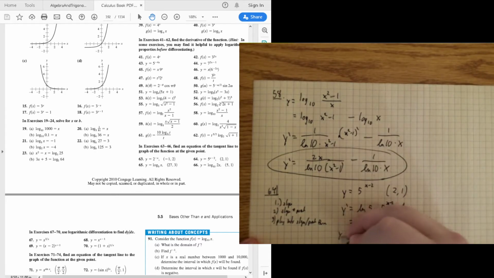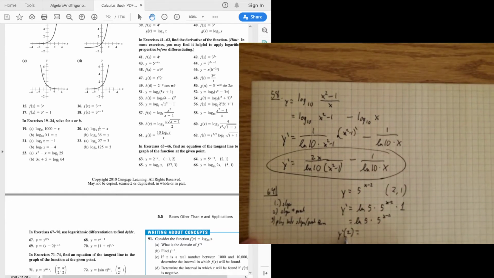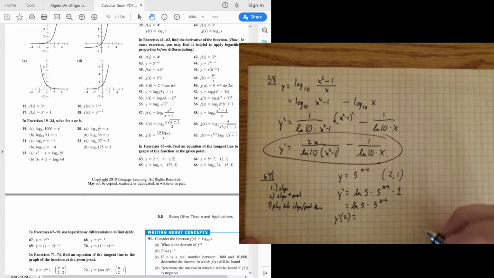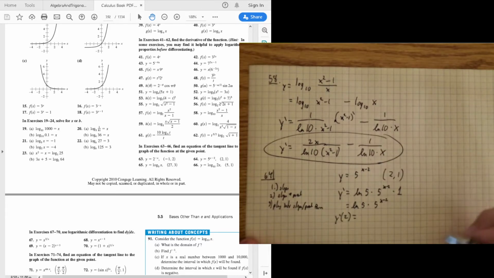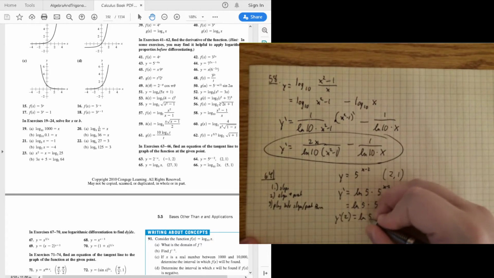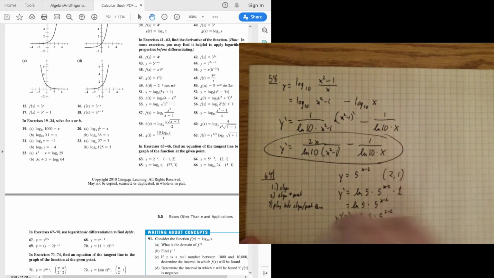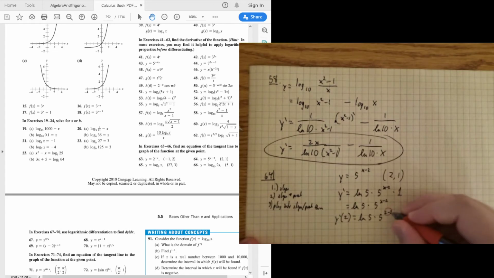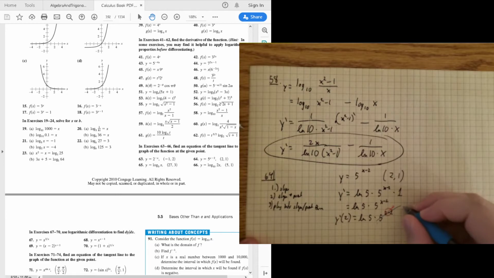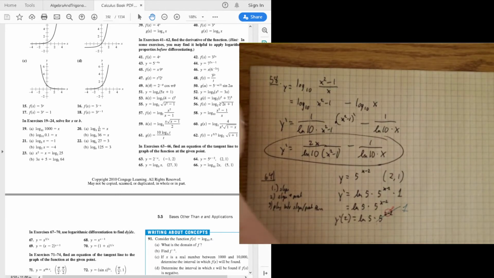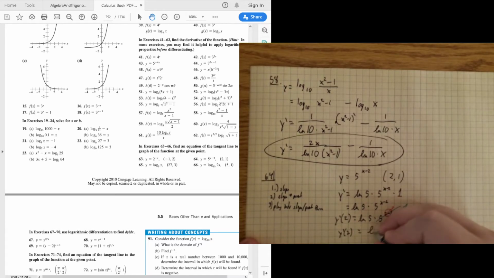We then want to find specifically the y prime value at this point, so we take the x value and plug it in everywhere there is an x. Let's see, we have the natural log of 5 times 5 to the 2 minus 2. 2 minus 2 is 0. 5 to the 0 power is 1. So this tells me that the slope at 2 is ln of 5.